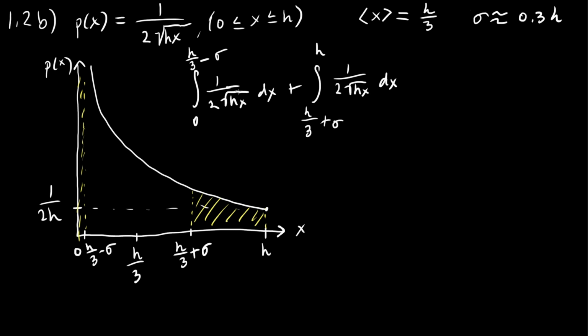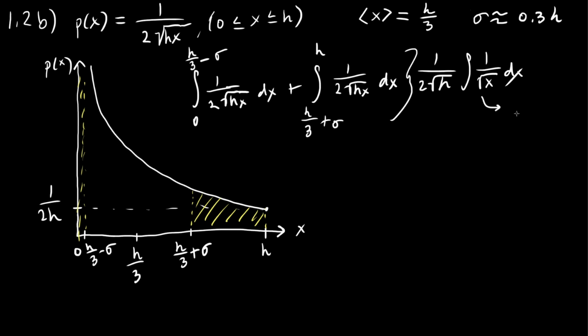And we could just compute one of these integrals, since the integrals are the same except for the bounds. Then we'll just put the bounds later. So we could take the 1 over 2 square root of h term out, since it doesn't depend on x. And then this is the integral of 1 over square root of x dx.